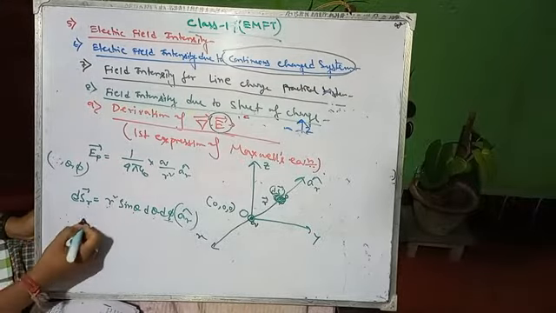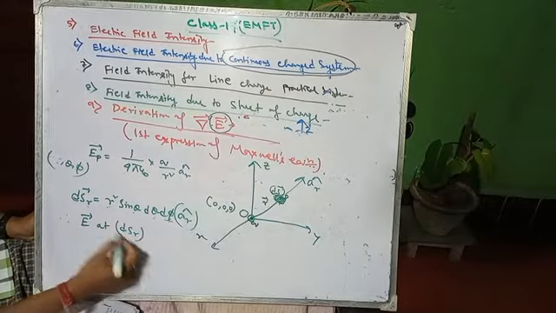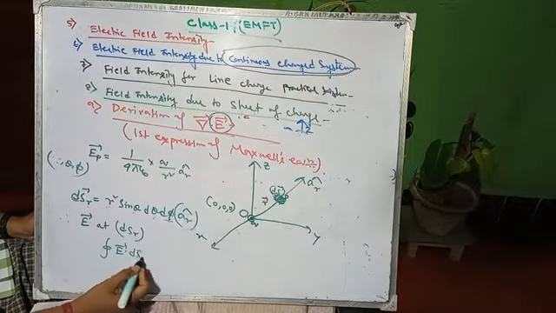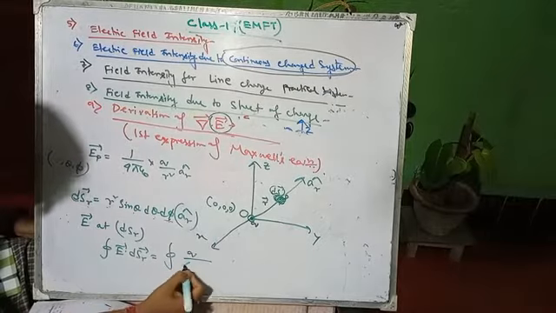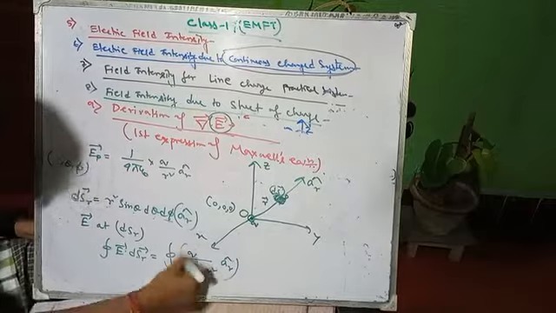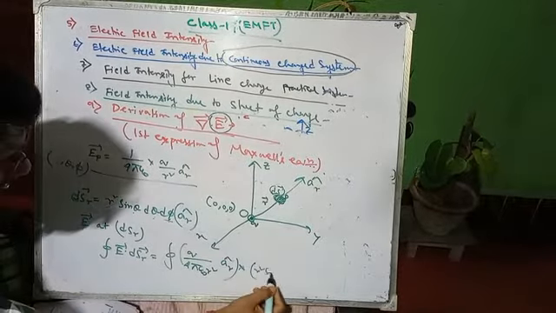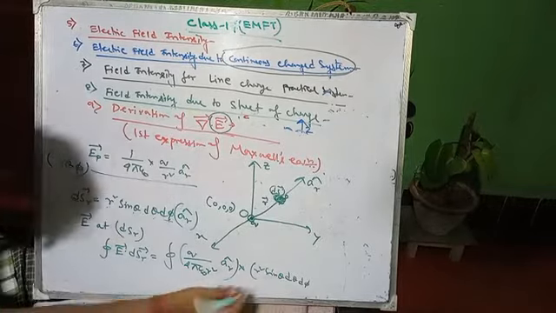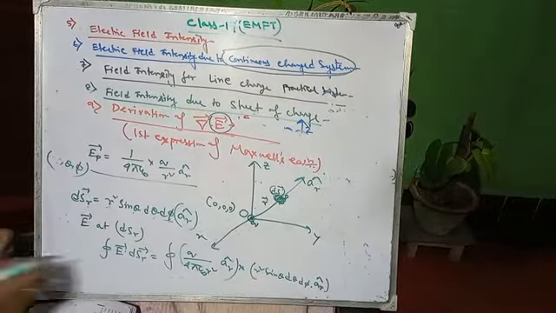Now the total intensity E at dS_r is the closed surface integration of E dot dS_r. Closed surface integration of Q by 4 pi epsilon naught r square a_r cap, whatever the intensity equation is, written here, multiplied with r square sin theta d theta d phi a_r cap.